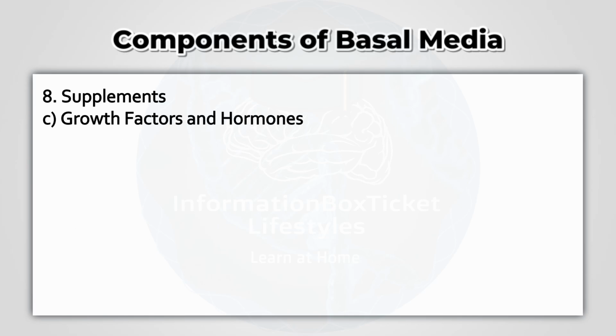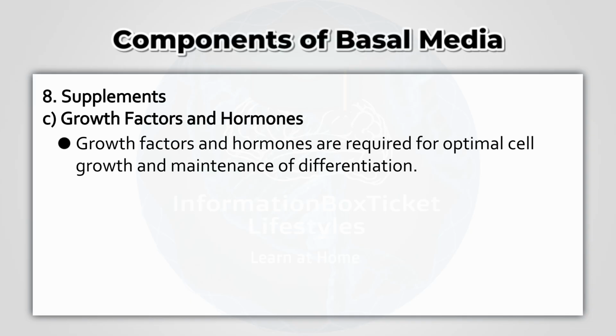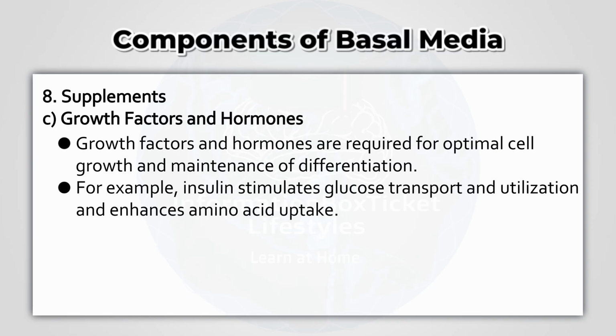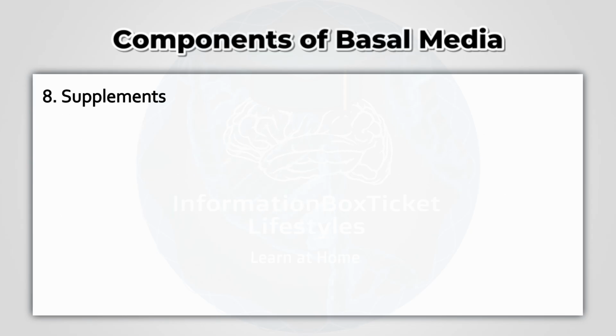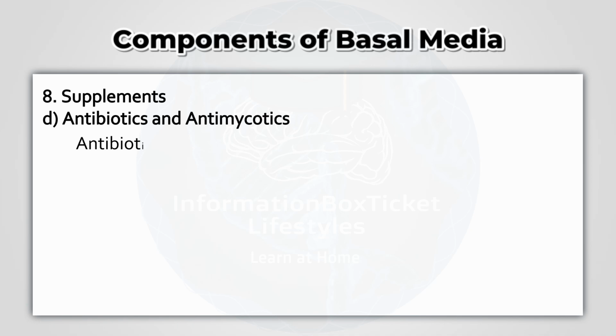C. Growth factors and hormones. Growth factors and hormones are required for optimal cell growth and maintenance of differentiation. For example, insulin stimulates glucose transport and utilization and enhances amino acid uptake. D. Antibiotics and antimycotics.